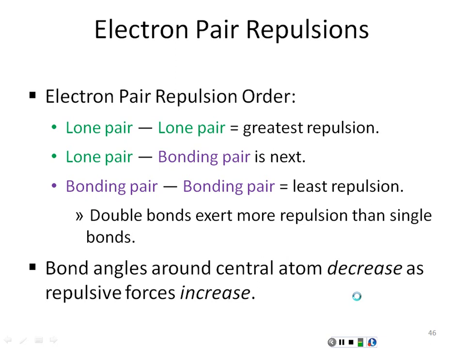There's more electrons in a double bond, so there's more negative charge, there's more repulsion. So what happens when you have an atom with lone pairs or double bonds? Well, the bond angles around these central atoms will then decrease as those repulsive forces increase.